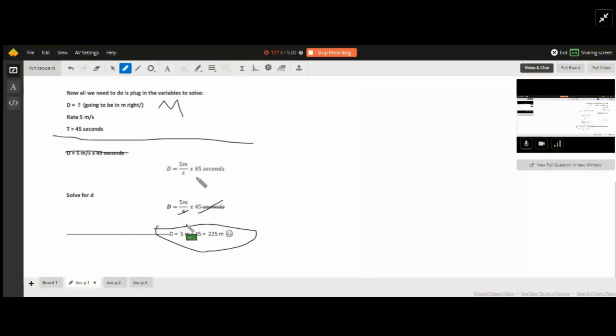Okay, so it was 5 meters per second. That means we went 5 meters in 1 second. And it's saying that we want to know how far it went in 45 seconds. So if we take that 5 times 45 seconds, that gives me an answer of 225. Does that sound right? Hopefully you said yes, and that's the answer.